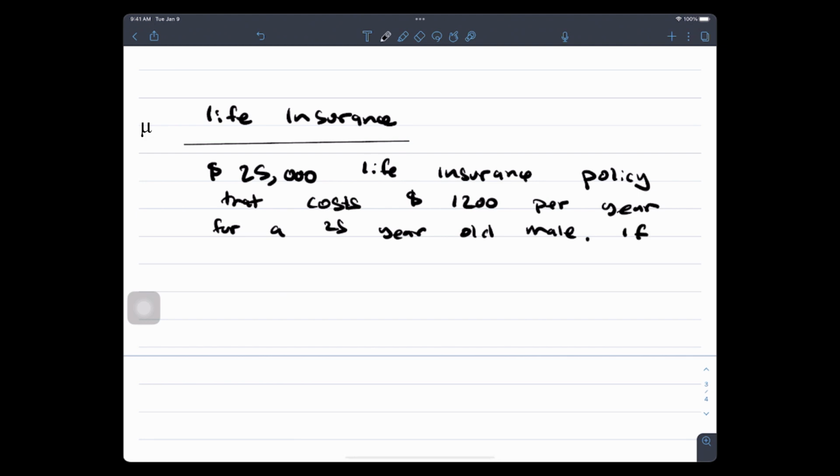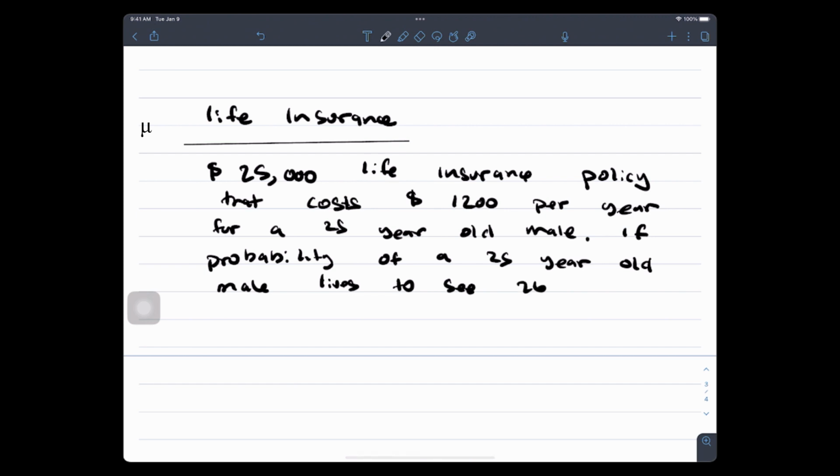Okay. If the probability of a 25-year-old male, right? 25-year-old male lives, probability of a 25-year-old male lives to see 26 years is 0.98.